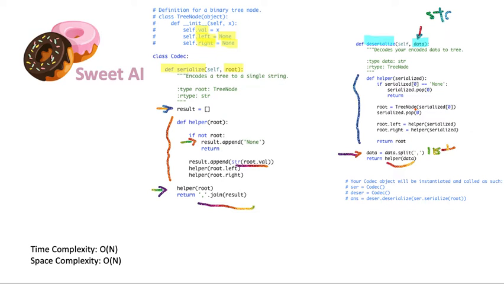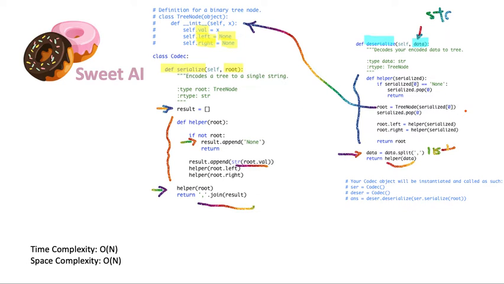In the helper function, we should build a tree from the list that is given to the helper function. We are going to get the first value that we have in the list at index 0, and build a tree node using this class that we have here.